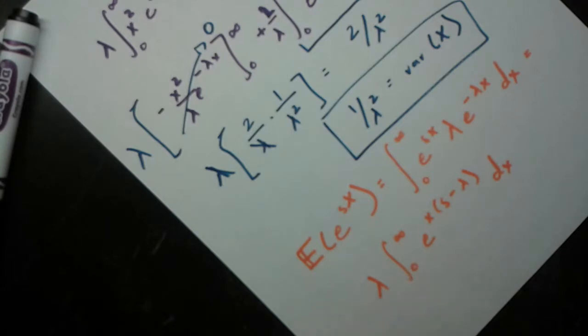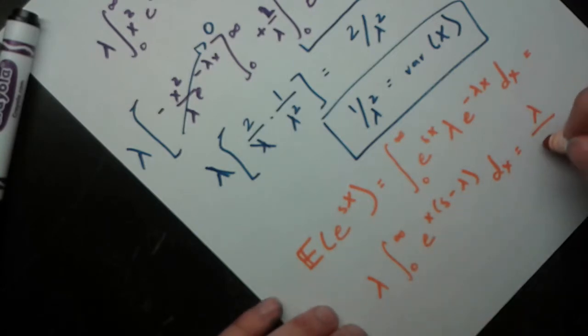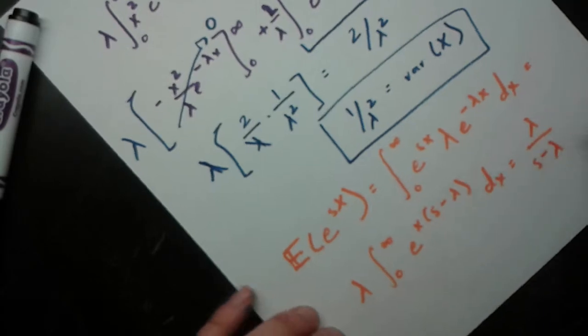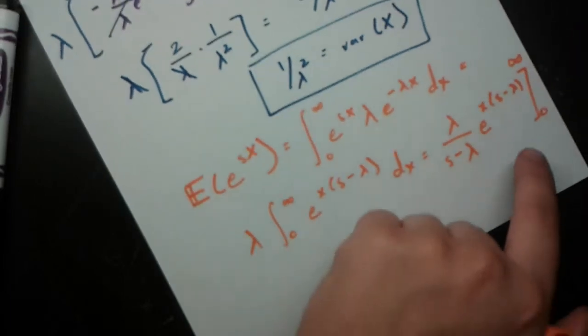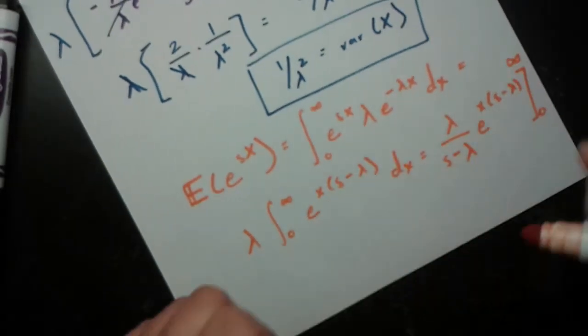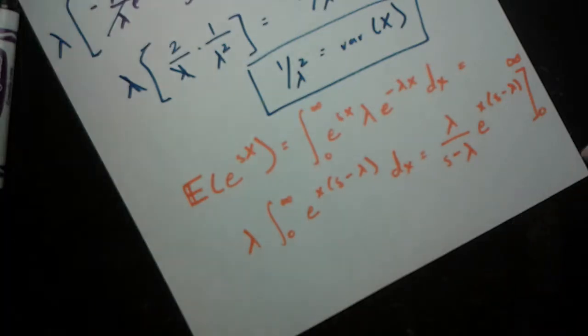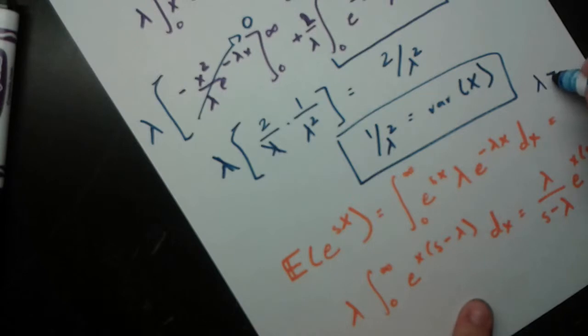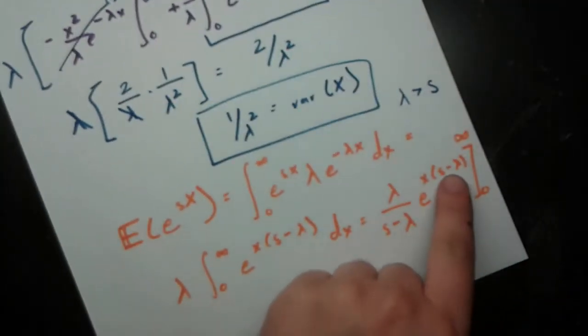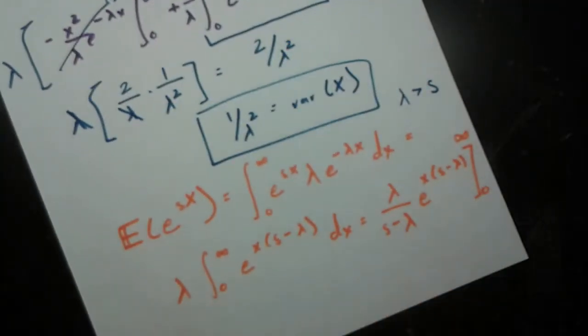Now this is a very basic integral because this is a real number, this is a real number, so all I have to do is take lambda over (s minus lambda) times e to the x(s minus lambda), evaluated from 0 to infinity. So I put infinity into here. Now this is a little caveat of this thing. Let's first assume we're in the world where lambda is bigger than s, okay? So that means that s minus lambda is going to be smaller than 0.